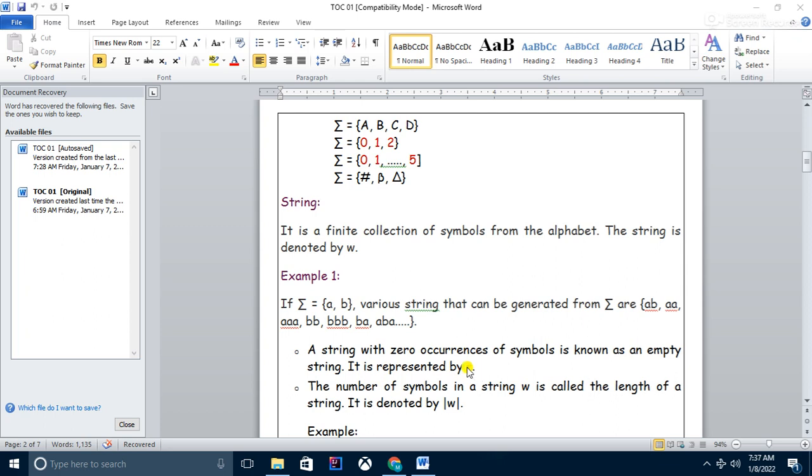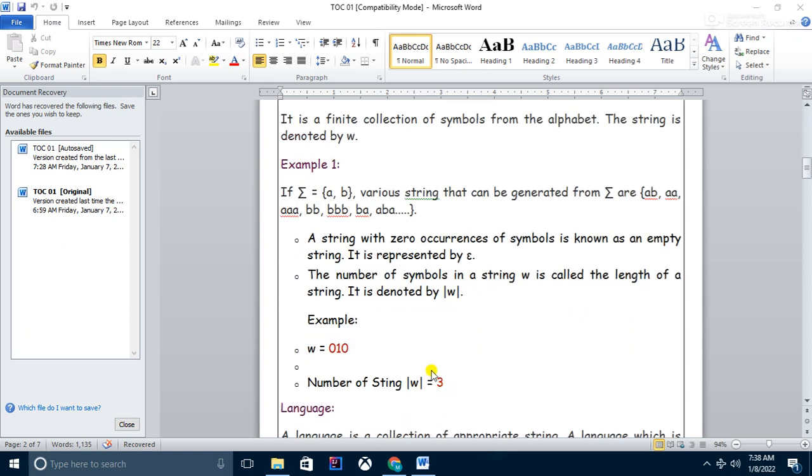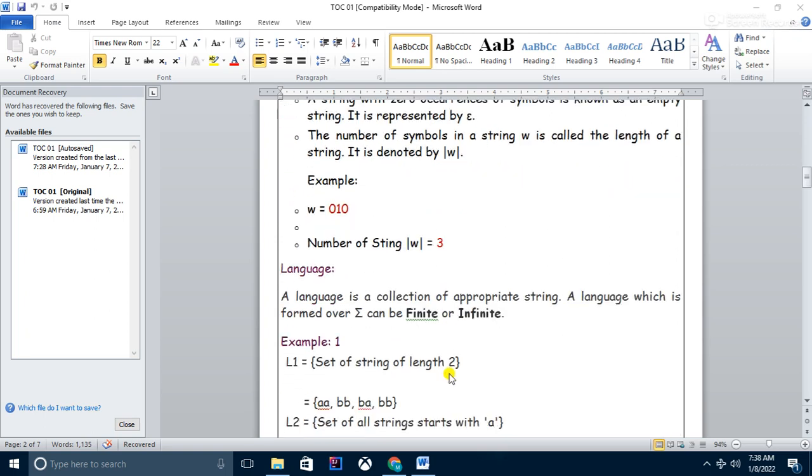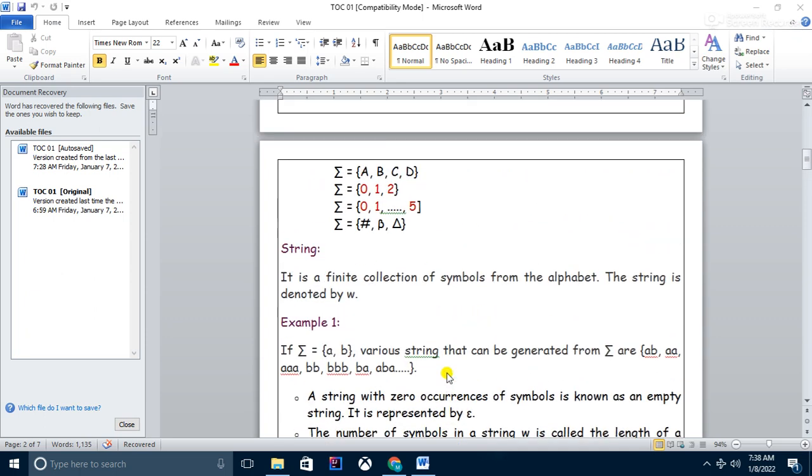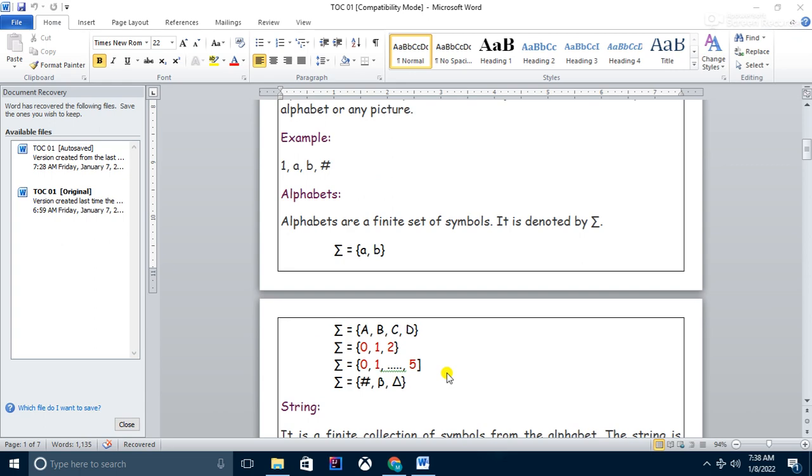The number of symbols, that is the length of the string, is denoted by mod of w. For example, if the input string is 010, the length of that string will be mod of w equal to 3.